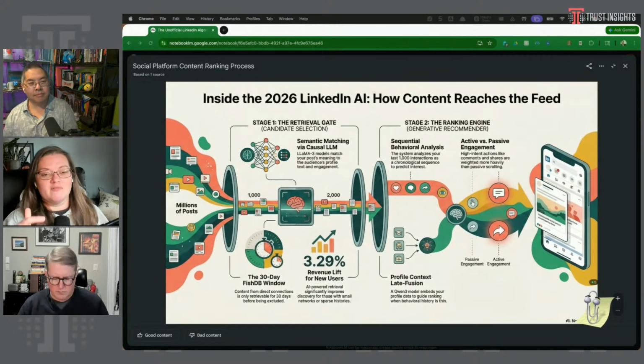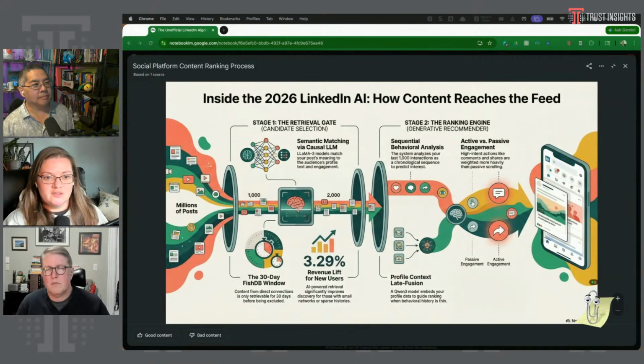Because again, if I'm following you correctly, because this is complex, the LinkedIn algorithm now kind of operates the way a search engine does in terms of those semantic keywords.